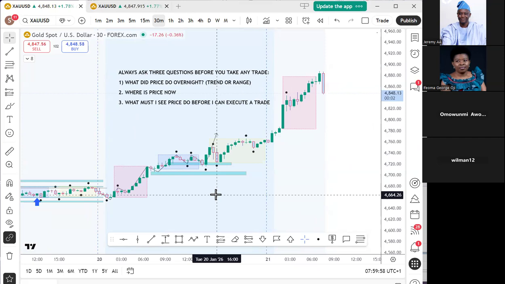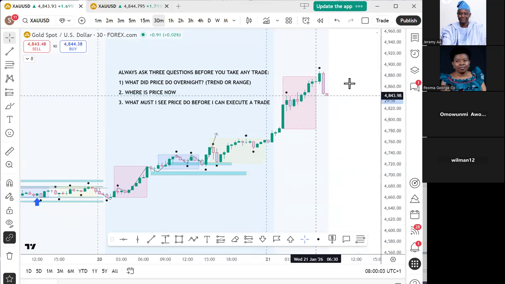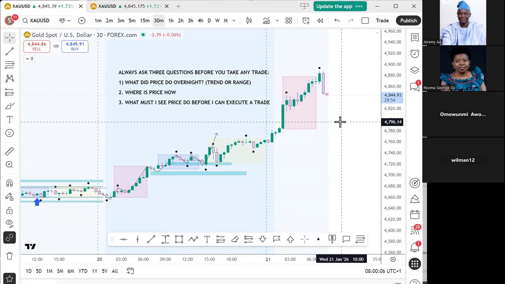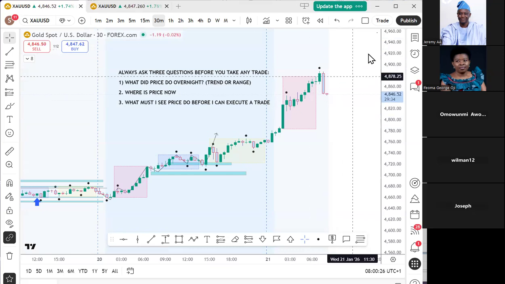Every time we come to the charts, you approach the market in the same process so that you have a consistent process whereby you can then begin to see consistent progress as you go, because you will see some wins, you will see some losses as well. Okay, so we want to see consistent progress.